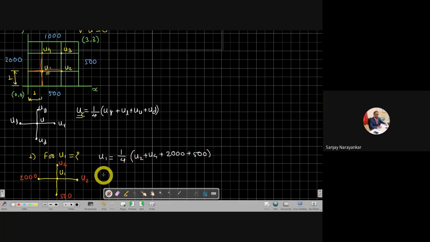Let us simplify this equation. 4u1 equals u2 plus u4 plus 2000 plus 500.